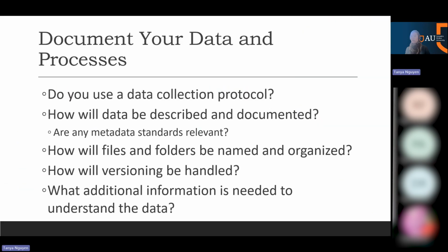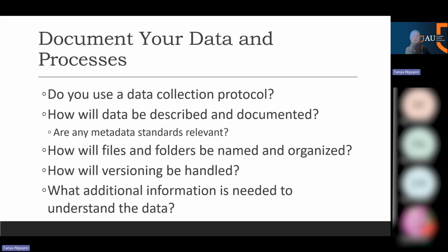Next slide. So now we're going to talk about documenting your data and your processes. And again, this was on that data lifecycle diagram that we saw before about documenting your data. So when you plan for how you collect and store and analyze your data, these are some of the questions to consider.